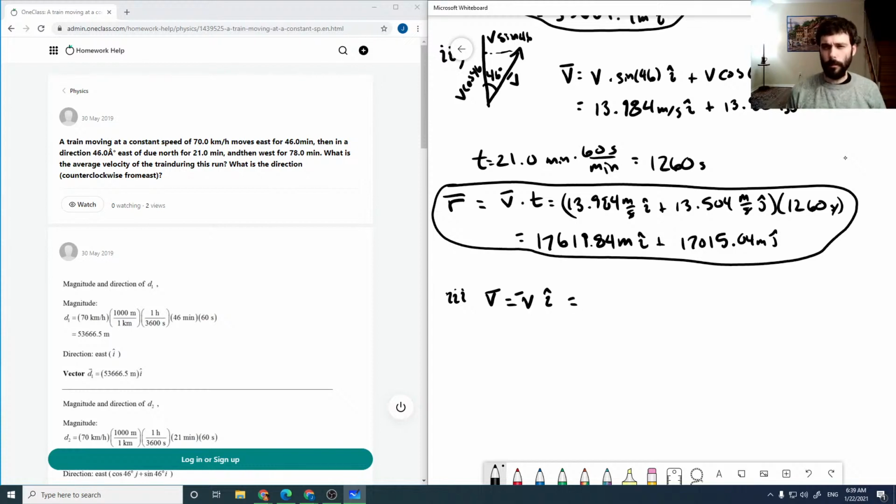That's just what my velocity was before, minus 19.44 meters per second i hat. My time is 78 minutes times 60 seconds per minute, which comes out to be 4680 seconds. So then my displacement is my velocity times my time.